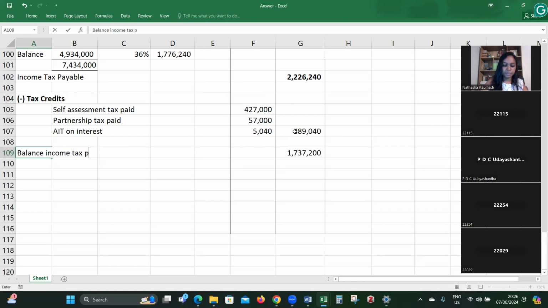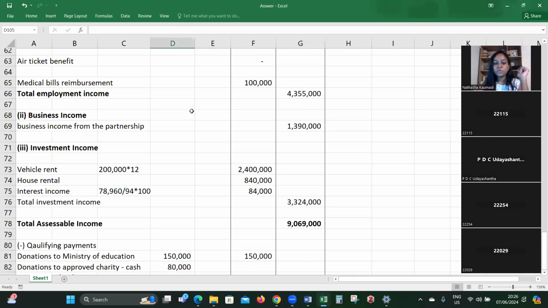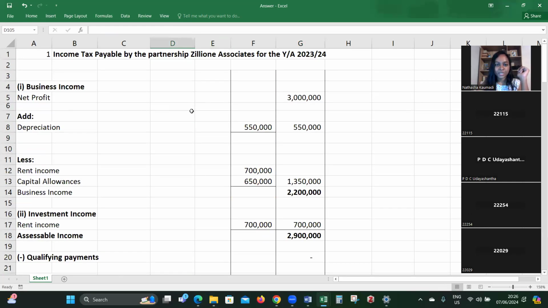This amount we have to pay, 1.7 million, 1,737,200. Okay, so this is how you usually work out this kind of question.